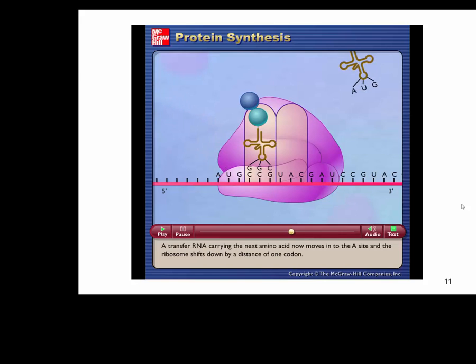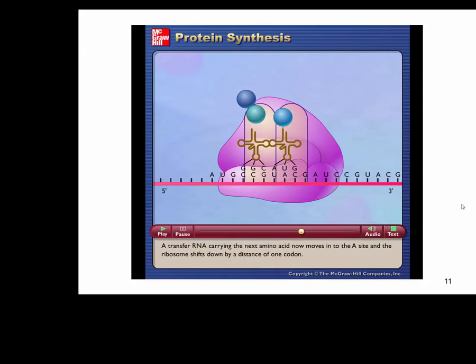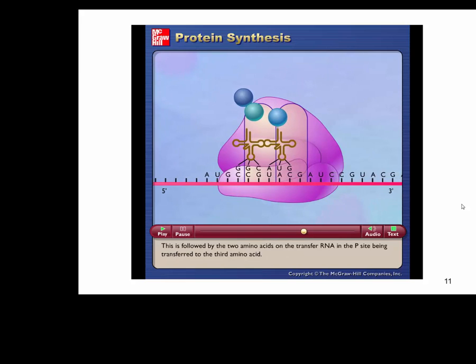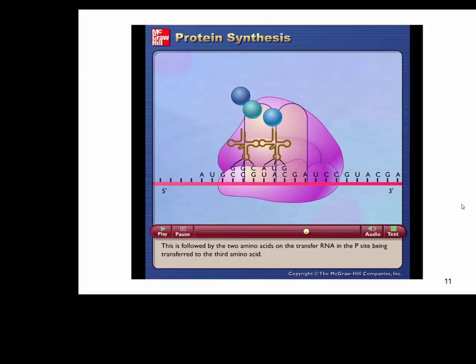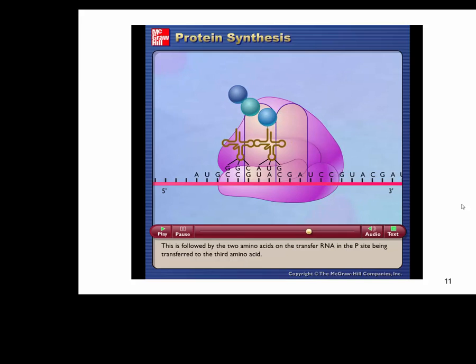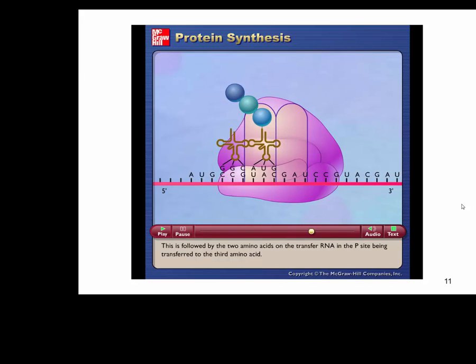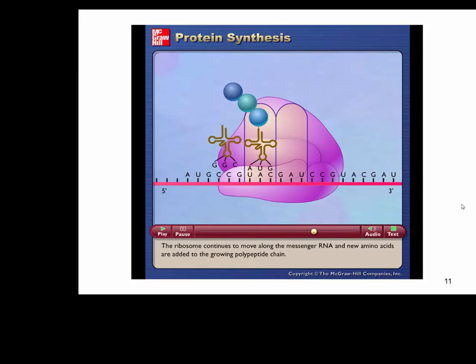A transfer RNA carrying the next amino acid now moves into the A site and the ribosome shifts down by a distance of one codon. This is followed by the two amino acids on the transfer RNA in the P site being transferred to the third amino acid. The ribosome continues to move along the messenger RNA, and new amino acids are added to the growing polypeptide chain.